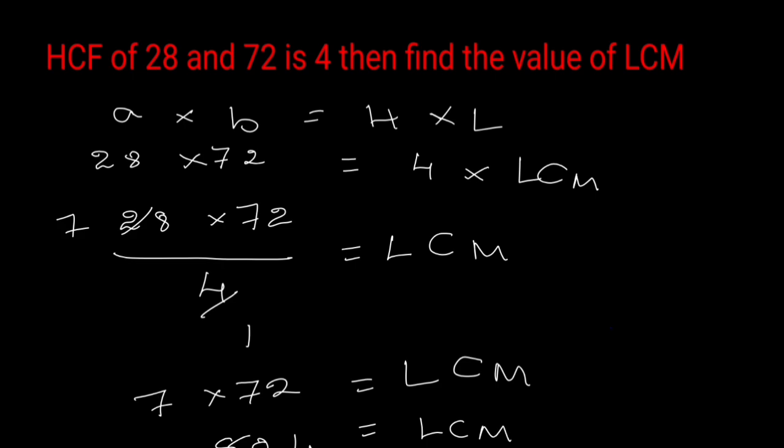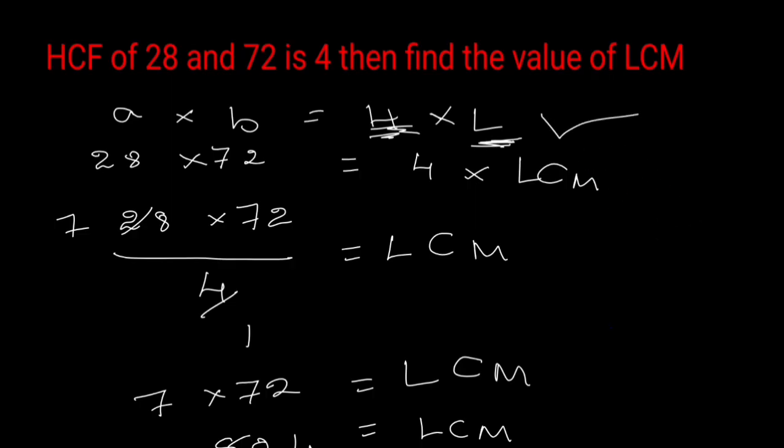In this way, we can find the number which is not given. If they give any two positive integers and one of HCF or LCM, if they give HCF, we can easily find LCM. If they give LCM, we can easily find HCF using this relationship.